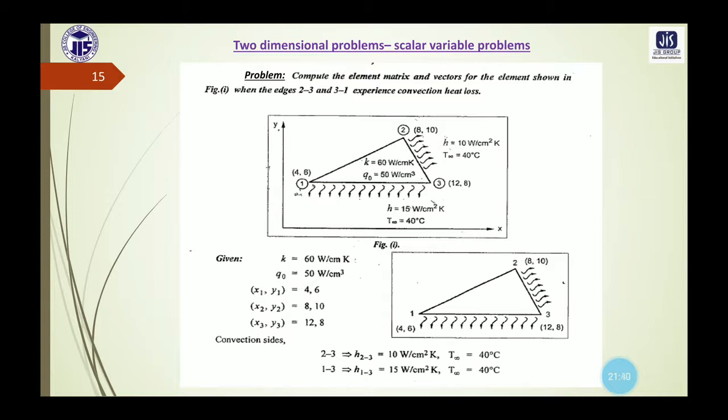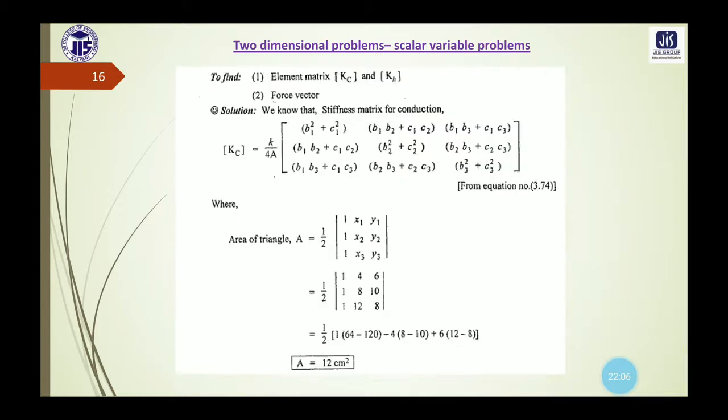And corresponding to node 3, x3, y3 is 12, 8. Now the convection sides: for side 2, 3, H23 is given as 10 watt per centimeter square Kelvin and the temperature is 40 degrees centigrade. For the other convection side 1, 3, H13 is given as 15 watt per centimeter square Kelvin and the temperature is 40 degrees centigrade. So we need to find the element matrices Kc and Kh and the force vector.